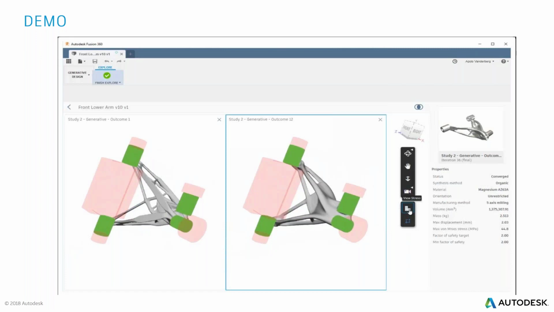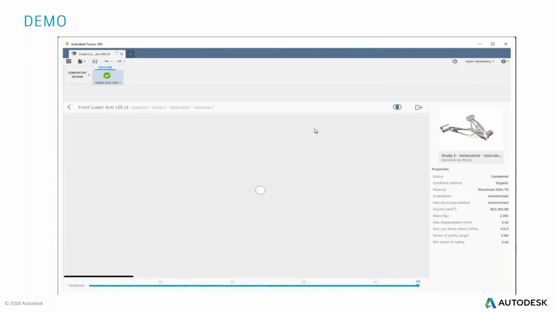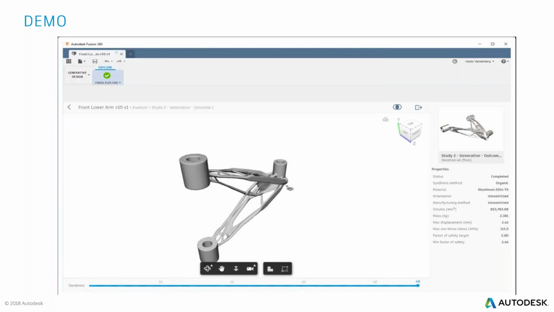Once we have one that we like, we can actually go through and export this back to Fusion and have a fully featured solid geometry, fully editable featured geometry in Fusion.